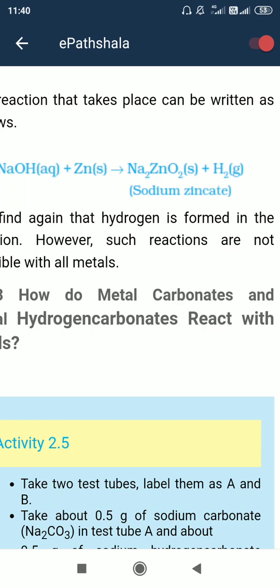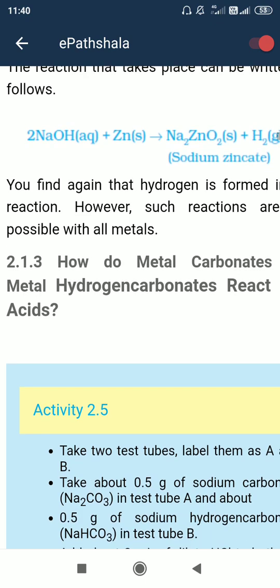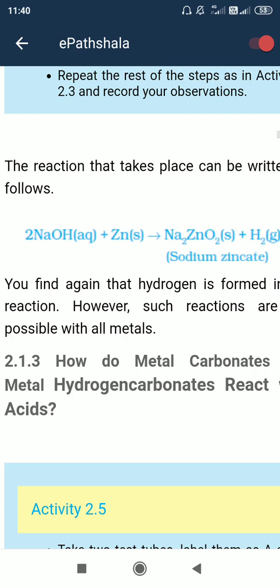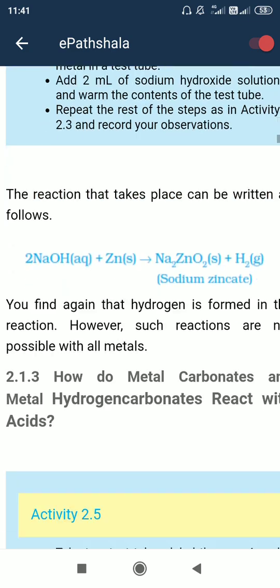Sodium zincate is also present in solid state. And for hydrogen gas, in bracket it is written G for gas. So you may notice that acid and base both react with metal similarly. Both form a type of salt along with hydrogen gas.